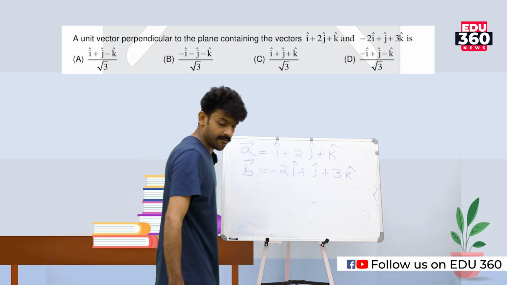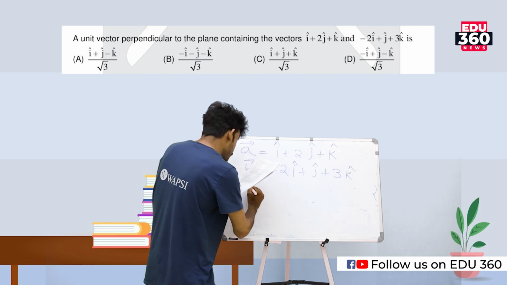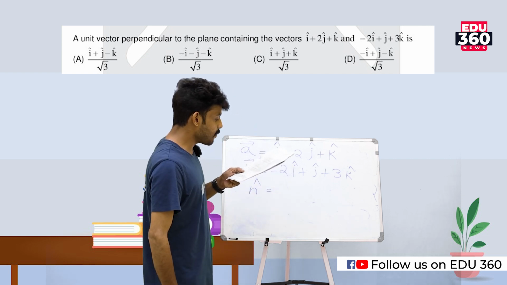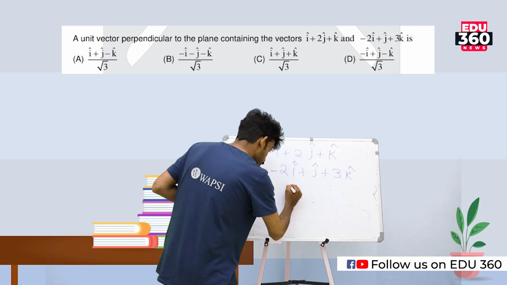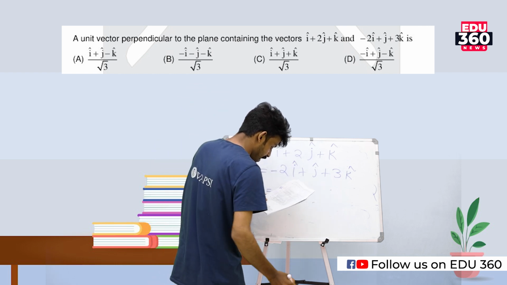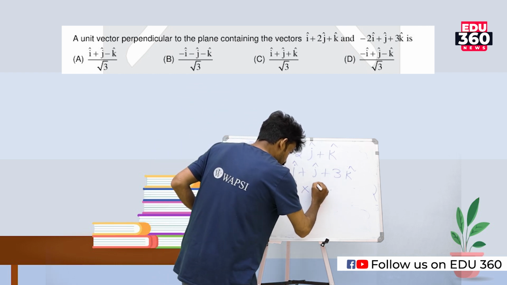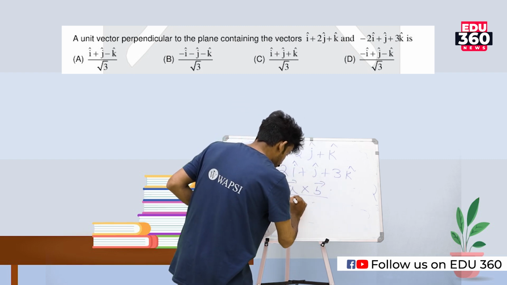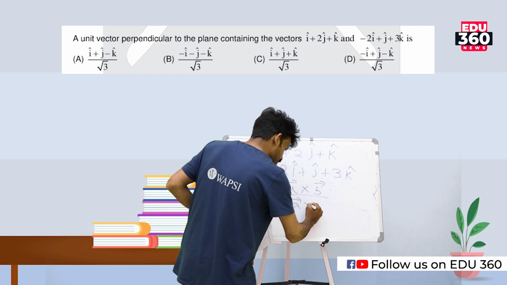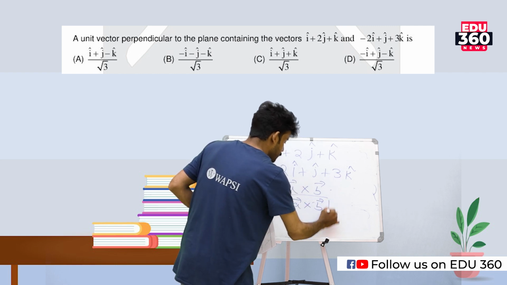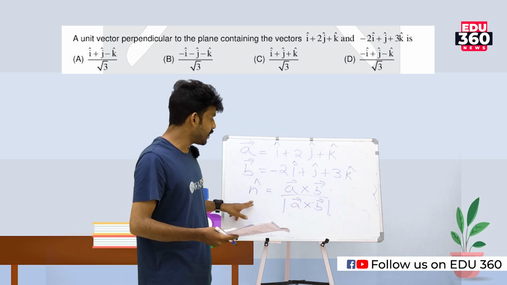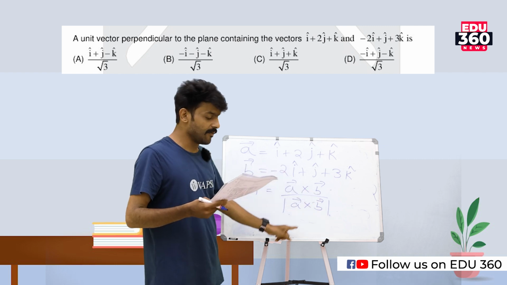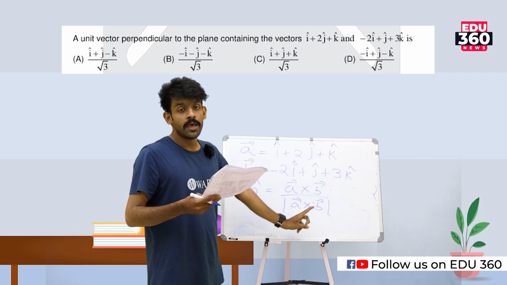So in the next step we can write n cap is equal to A vector cross B vector divided by modulus of A vector cross B vector.